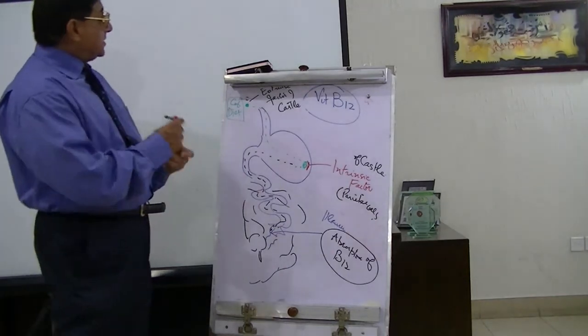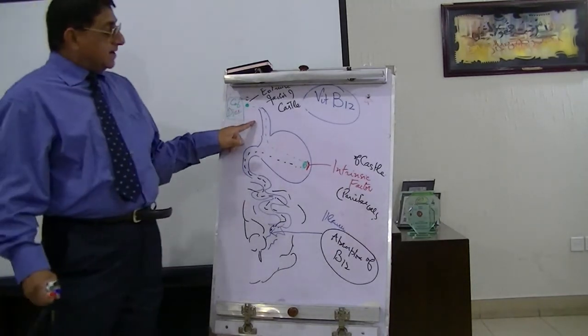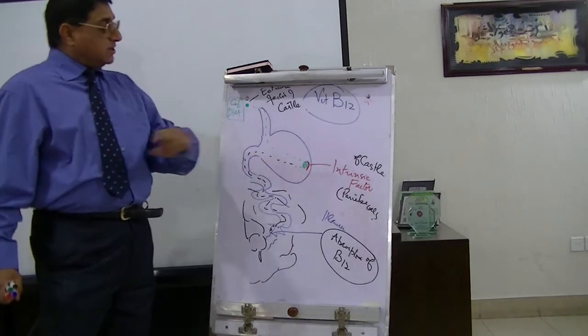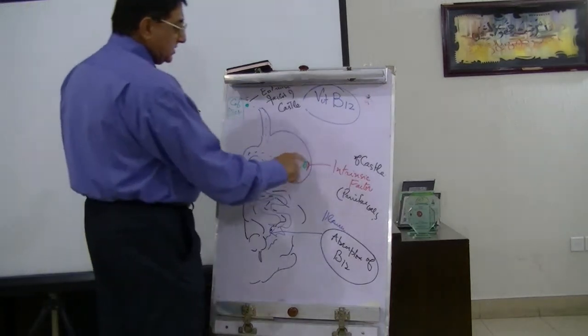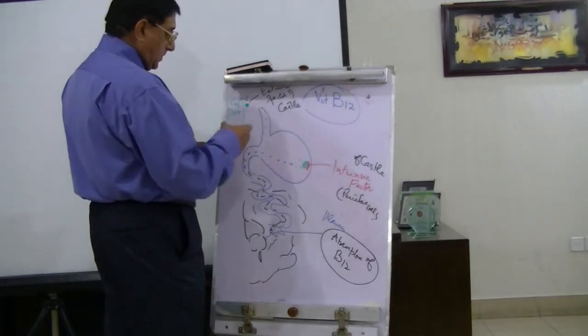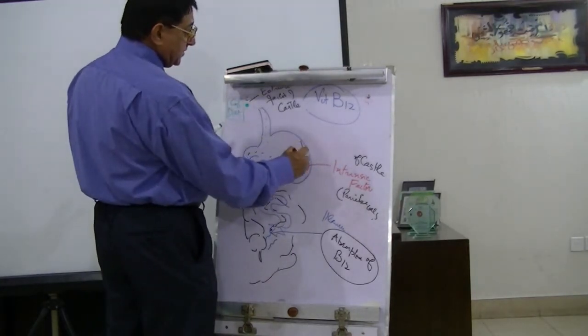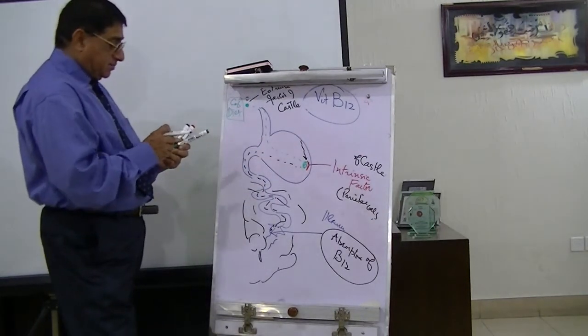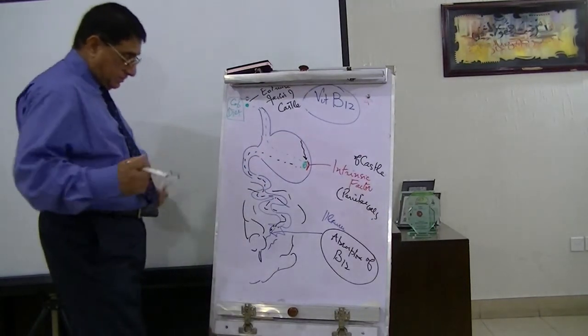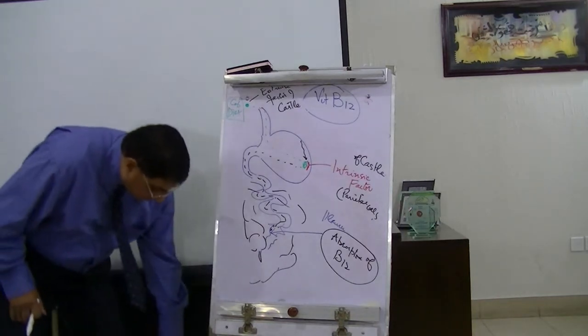I will repeat again. Cobalamin is taken in the diet. It attaches with intrinsic factor secreted from the parietal cells of the fundus. So it comes from here and then it is absorbed, forming a complex.